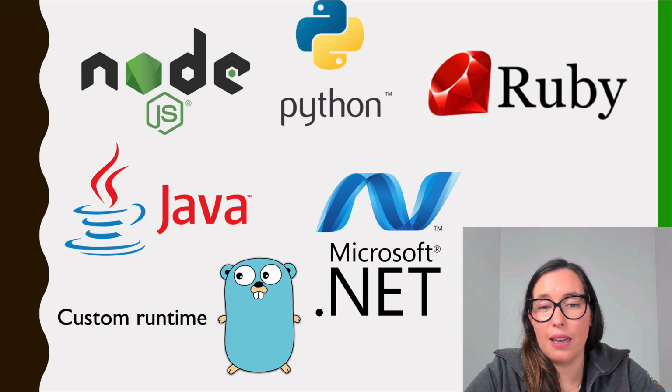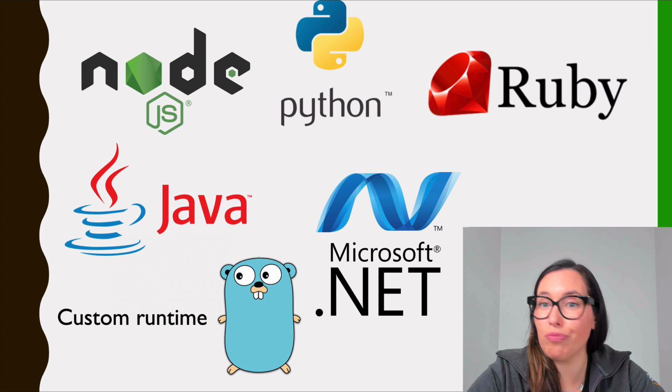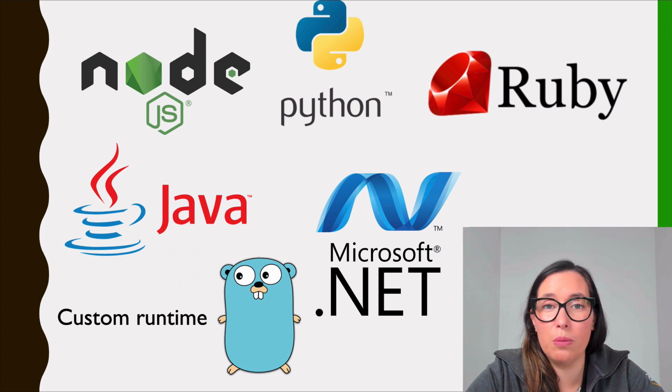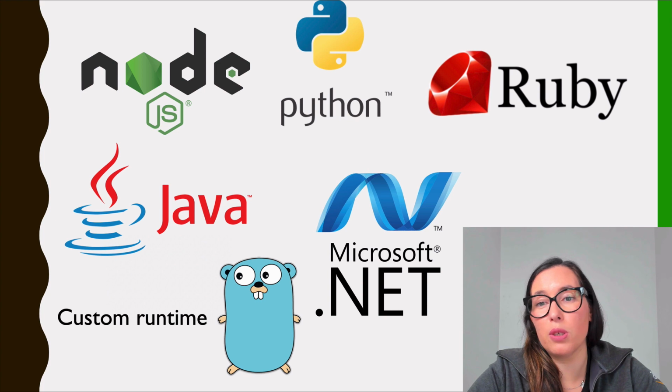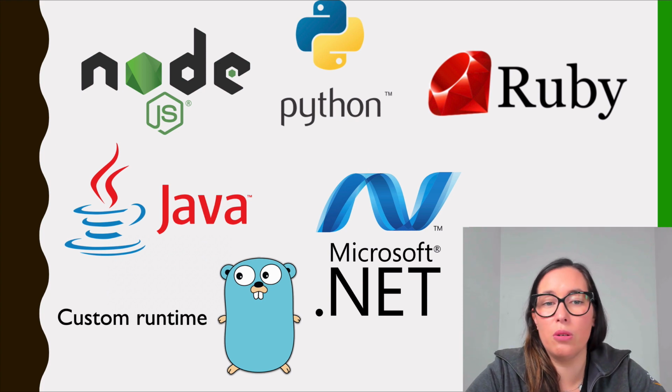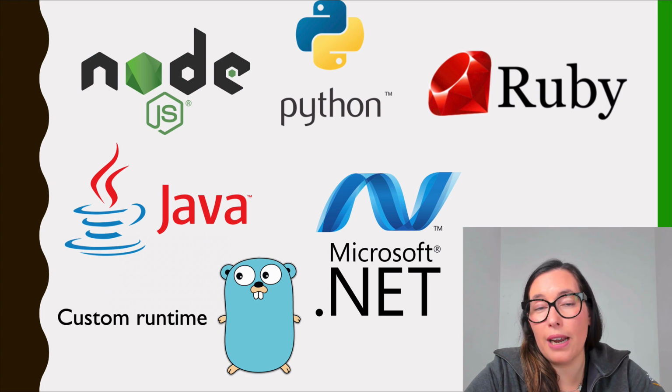As I say, Lambda can be run in multiple programming languages. Node is supported, Python, Ruby, Java, .NET, and Go are supported out of the box. You just basically need to use the provided versions of them. Not all of the versions are supported. So for example, for Node it is Node 12, and for the other languages you need to check which version is available.